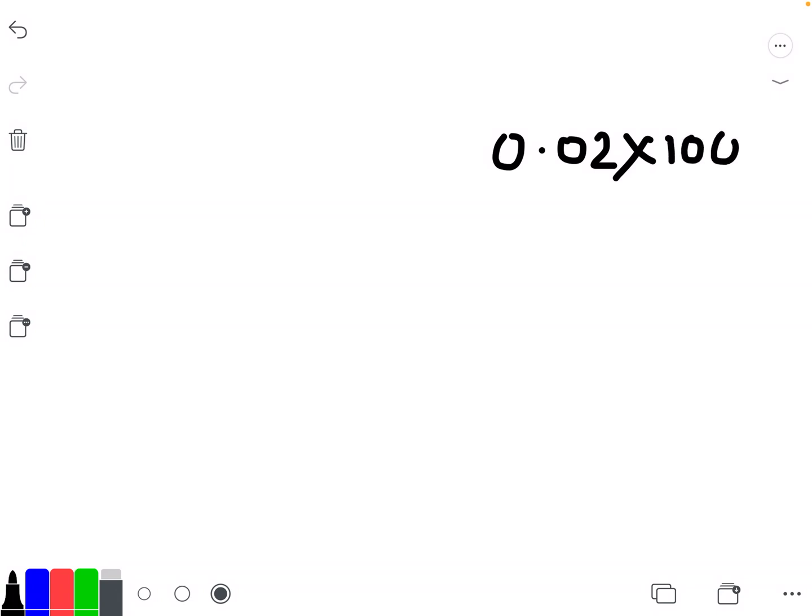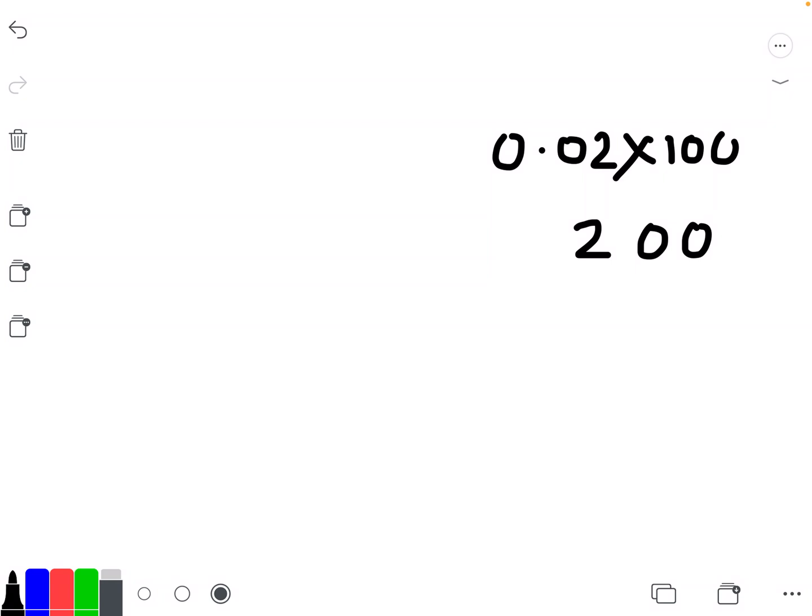Let us consider the decimal number as a whole number first for the purpose of multiplication. 2 times 100 is 200. But that is not the final answer. What exactly is the final answer? We will have to count the decimal places from extreme right digit 2. So, 2 is one place and 0 is one place.